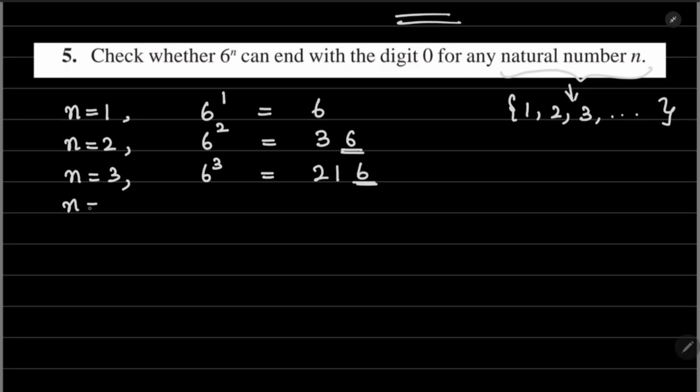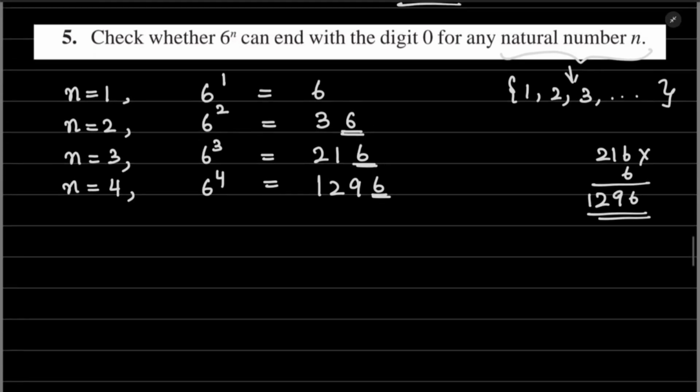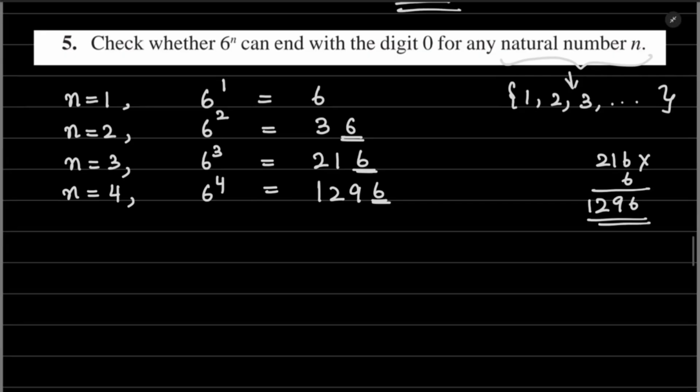For n equal to 4, 6 raised to the power 4 is, you can multiply and see, 216 into 6, 1296. Okay, so if you see, 6 raised to the power n will never end with 0. It will only end with 6, right?